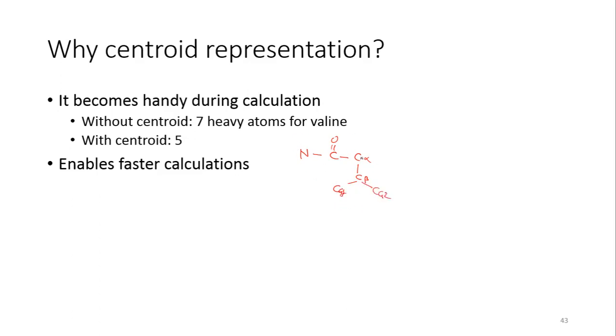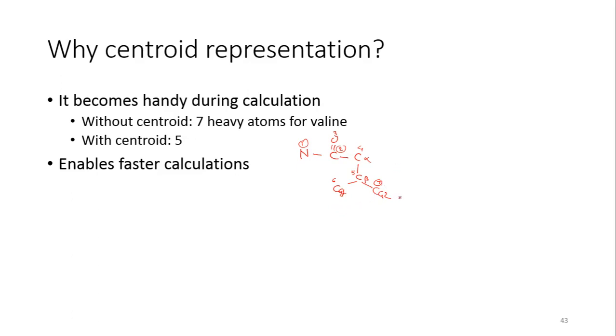Okay, so if we try to count how many atoms would be there if we include this valine, we would end up with 1, 2, 3, 4, 5, 6 and 7. So if we decide to use valine in calculation without centroid representation, we will have to deal with 7 atoms.